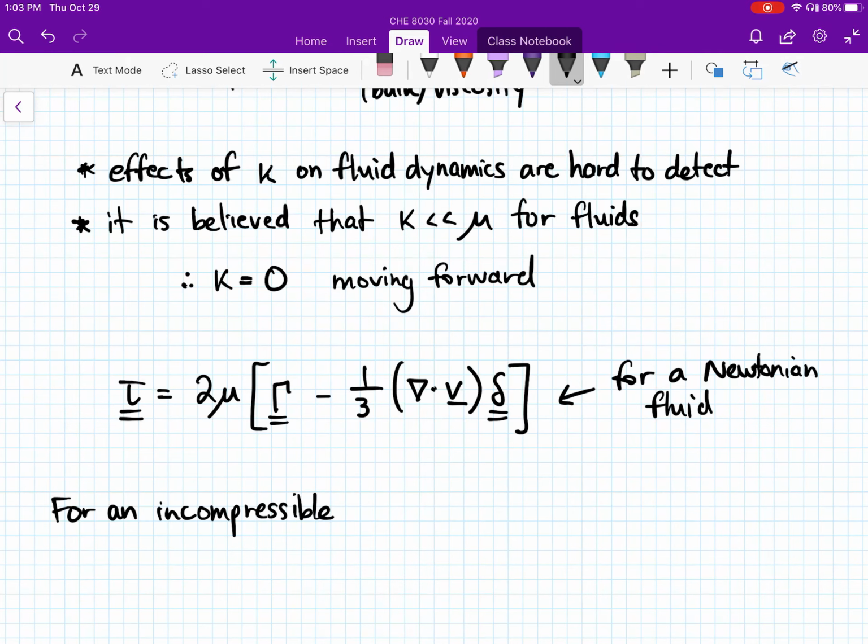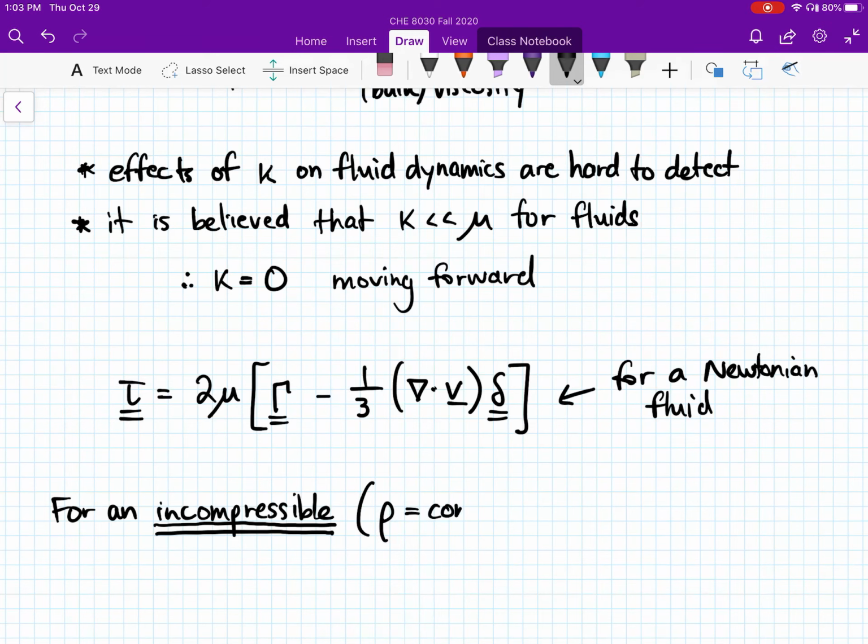Gases can act as incompressible fluids. It just depends on what type of temperature drop or pressure drop occurs inside the fluid. So it's always good to think incompressible. We're typically thinking about a liquid.